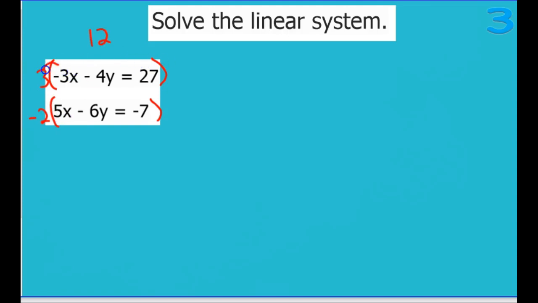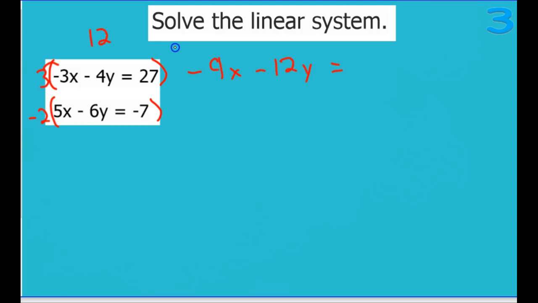When we multiply 3 by -3, we get -9x. When we multiply 3 by -4, we get -12y equals 27 times 3.